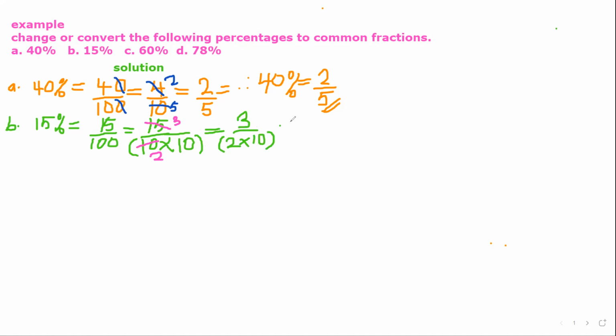Then here will be 3 out of 2 times 10, which will give you 20. Okay, good.